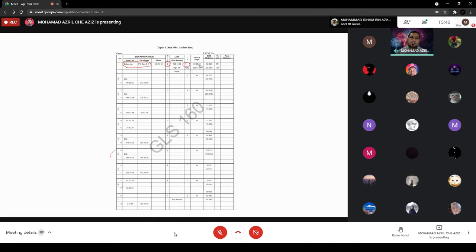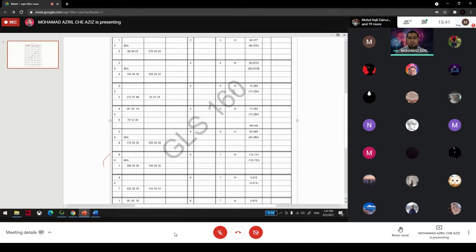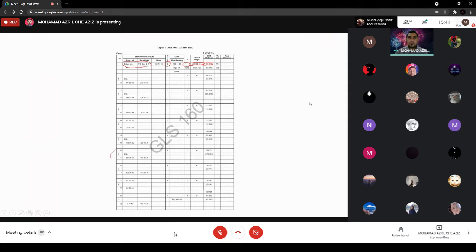Then continue here: you record the vertical angle for the face left, and the slope distance for the face left also. Then you need to write down the final distance, the horizontal distance.